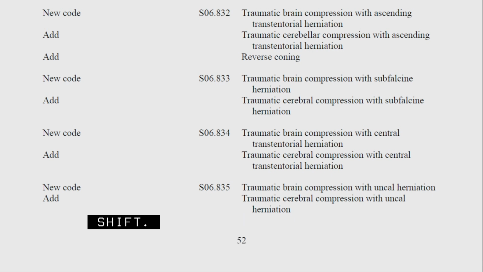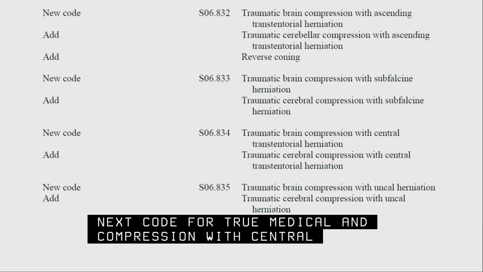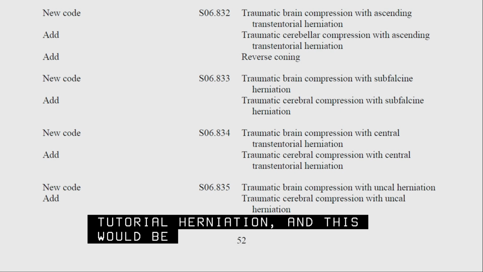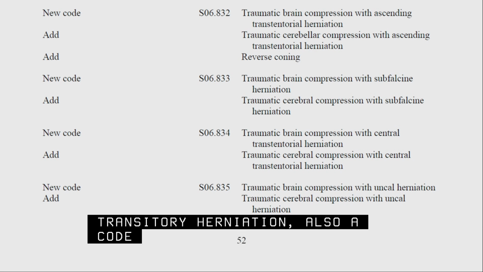Next, a new code, S06.834, for traumatic brain compression with central transtentorial herniation. And this would be the descending transtentorial herniation. Also a code for cerebral as an alternative to brain there, an inclusion term. And then a new code, S06.835, for traumatic brain compression with uncal herniation.